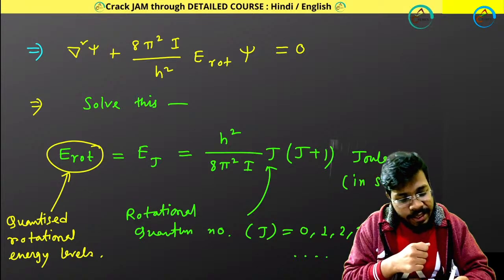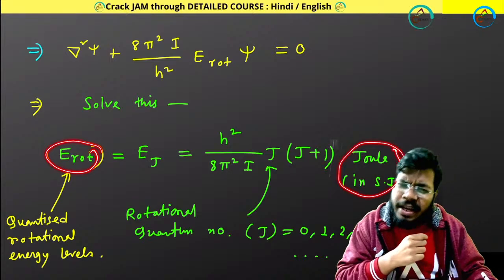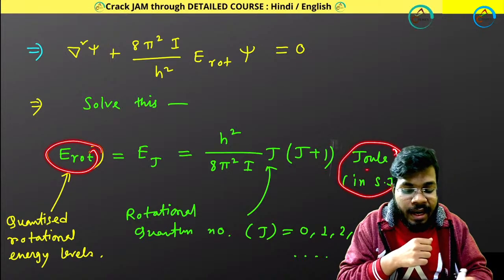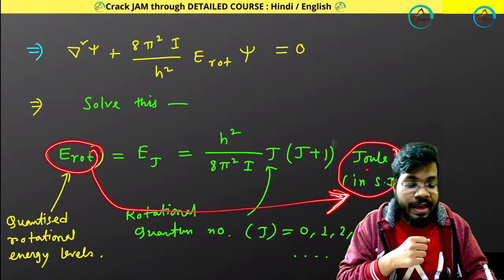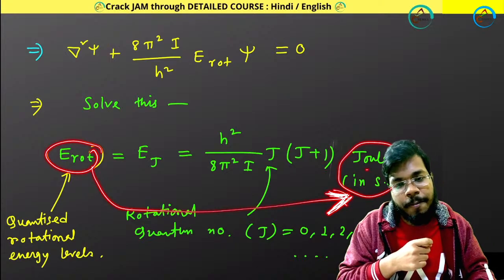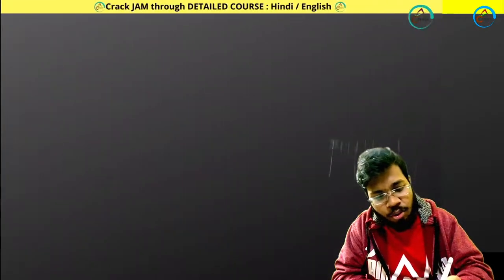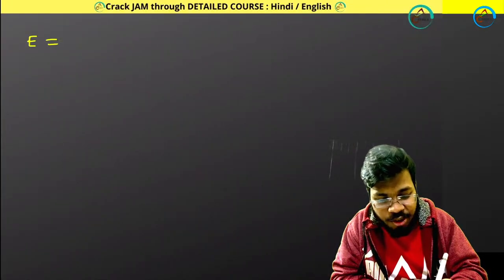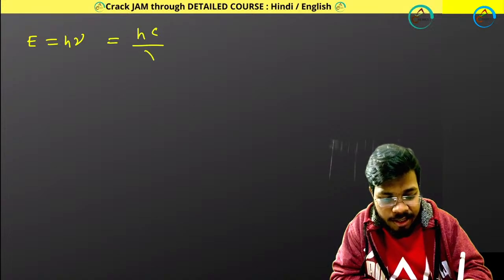Now, this energy is represented in joule units, but in spectroscopy energy is generally not represented in joules. Energy is represented through centimeter inverse, wave number. How would I do that? It's very simple. You already know that E equals h nu from Planck's law, and h nu equals hc divided by lambda.